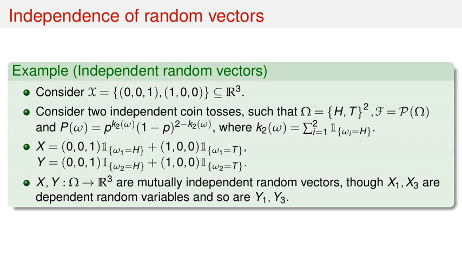However, note that within X, the components X_1 and X_3 are dependent random variables. If X_1 equals 0, X_3 equals 1, and if X_1 equals 1, X_3 equals 0. The same applies to Y_1 and Y_3.